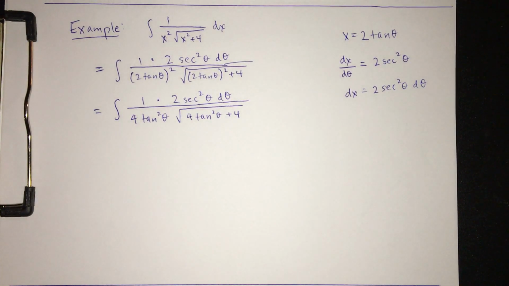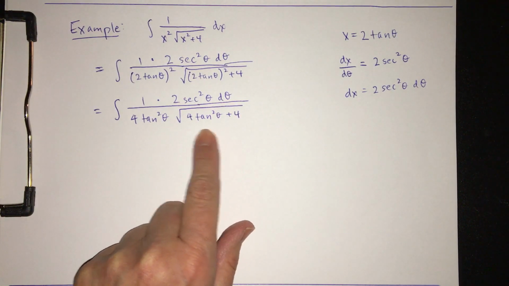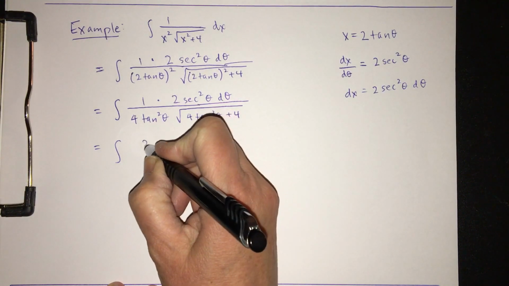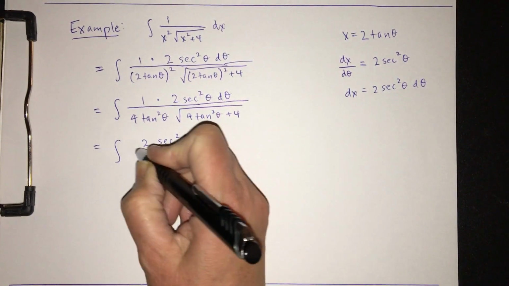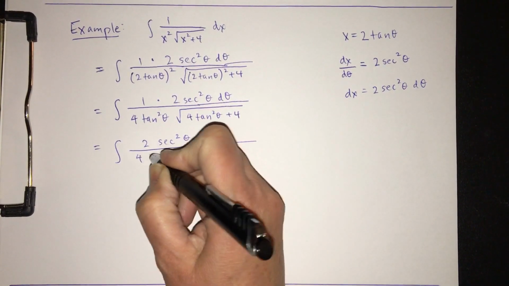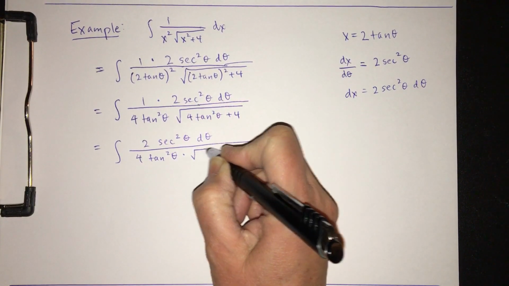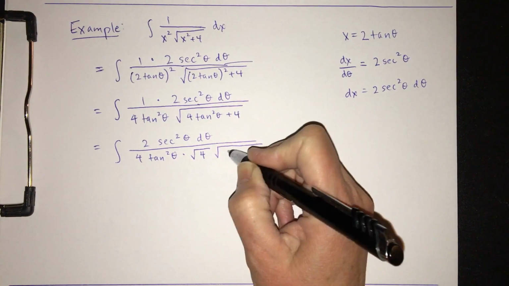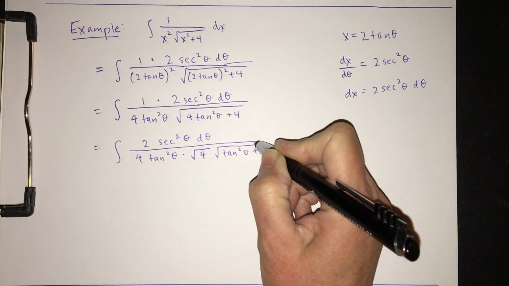In the denominator, under the square root sign, I'm going to factor out a 4. So this will be the integral of 2 secant squared theta d theta over 4 tangent squared theta times the square root of 4, that I factored out, times the square root of tangent squared theta plus 1.